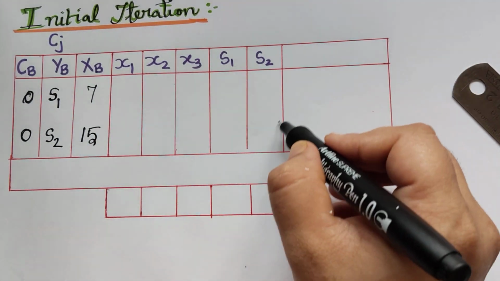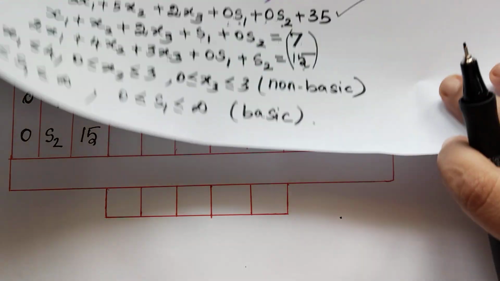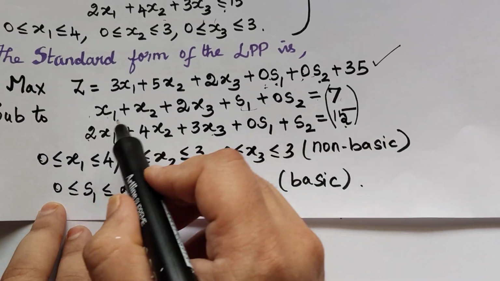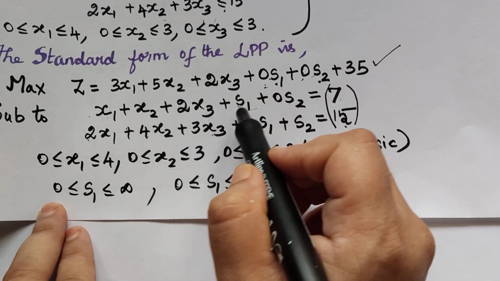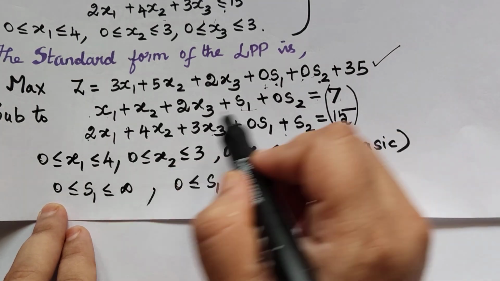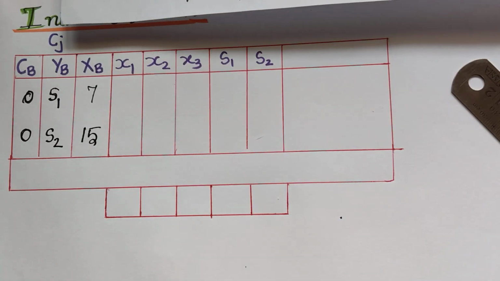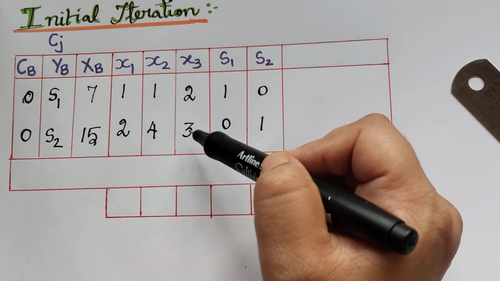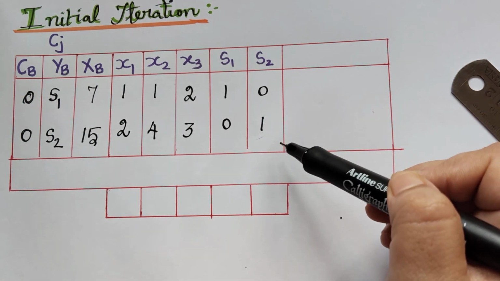This matrix is filled with 1 2 1 4 2 3 1 0 0 1. So if you see, I have written 1 2 1 4 2 3 1 0 and 0 1.